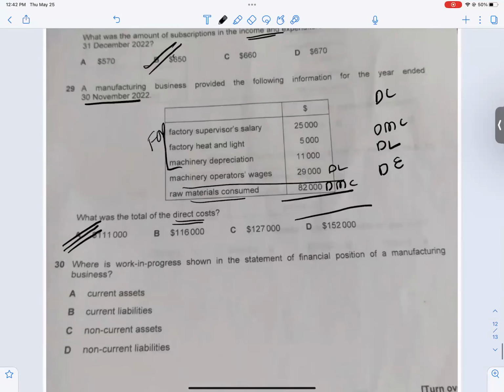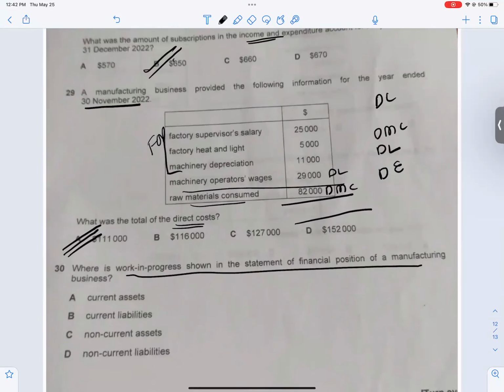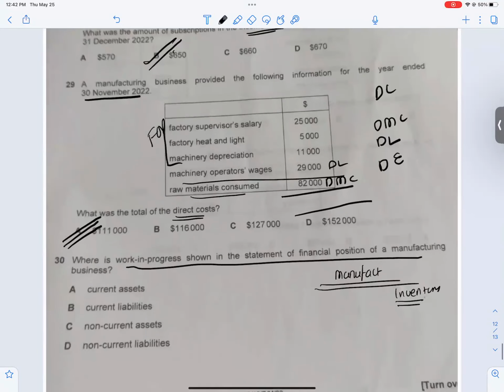Where is work in progress shown in the statement of financial position of a manufacturing business? A manufacturing business has three types of inventory: raw material, work in progress, and finished goods.